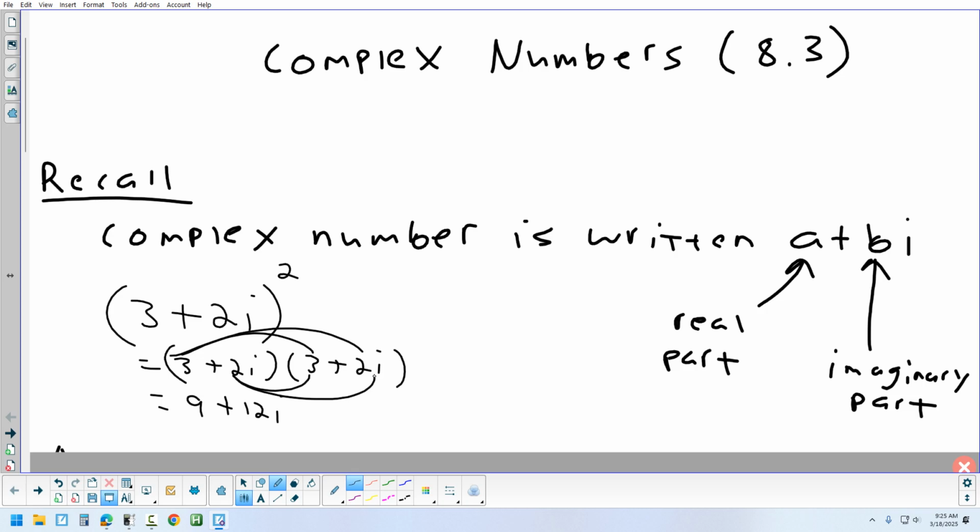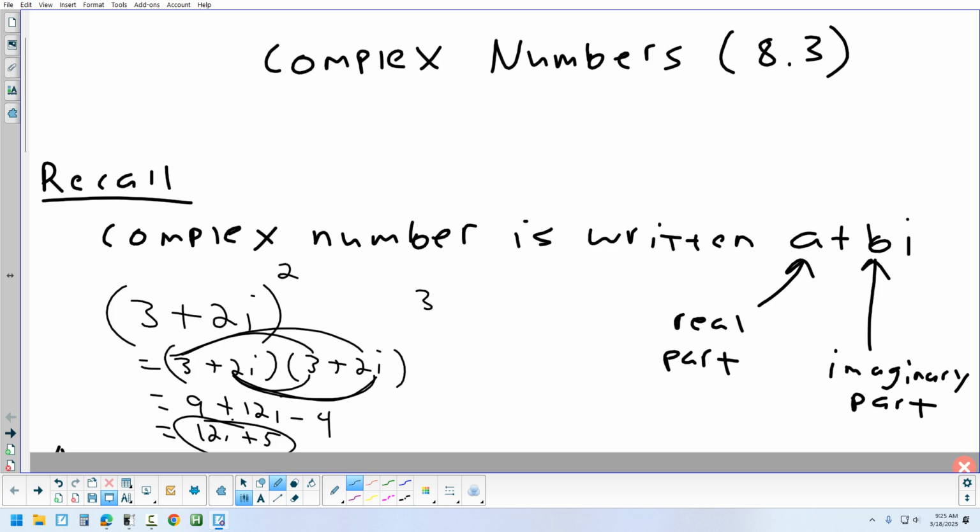Is it -4, right? Because that's 4i squared, and i squared is -1. Okay, so we've done that. And then you can combine like terms, make it 12i, 9 minus 4 is 5, and there you go. So we just multiplied 3 plus 2i times 3 plus 2i. Nothing we haven't done before.